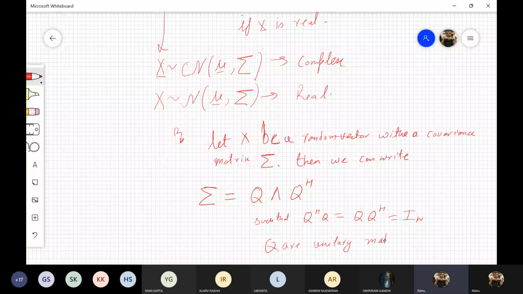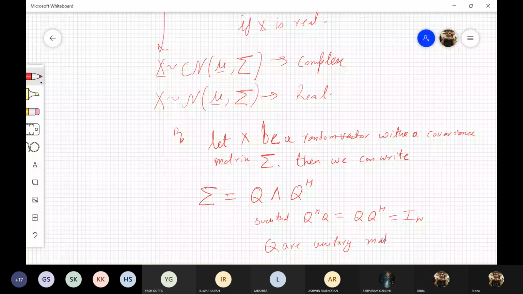with this out of the way, we can also write sigma as Q lambda to the power half Q Hermitian.